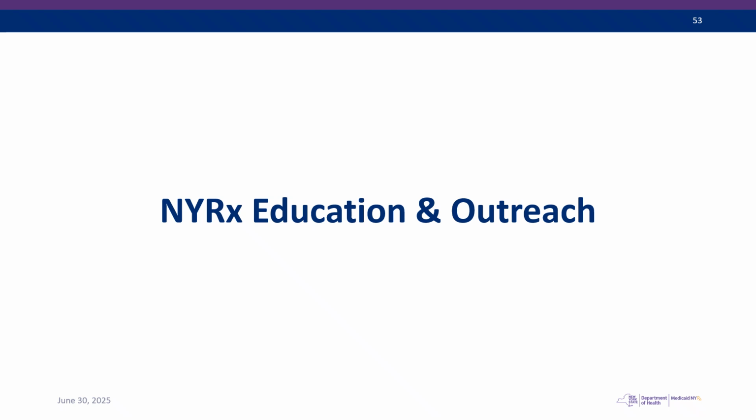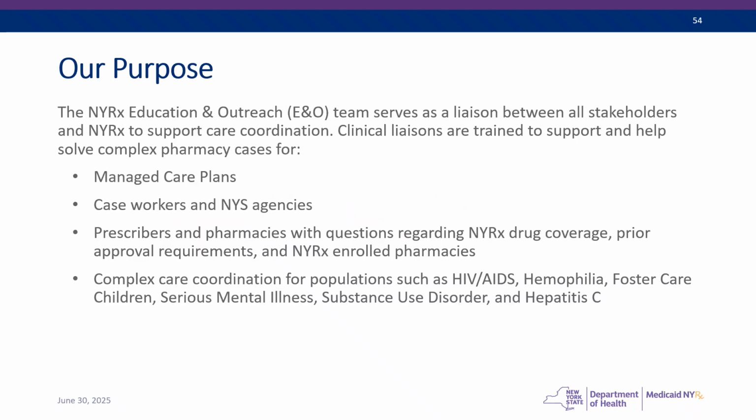Next up, we'll introduce the NYRx E&O team and how to contact us. The purpose and mission of NYRx E&O is to be a liaison between all stakeholders and NYRx to support care coordination.